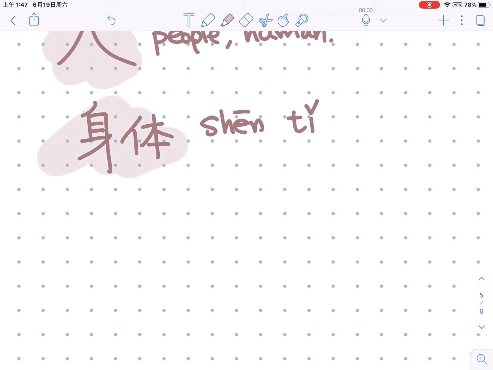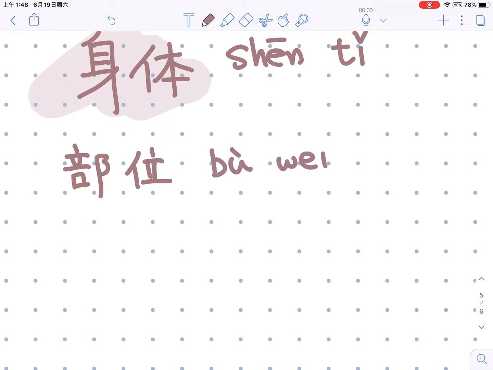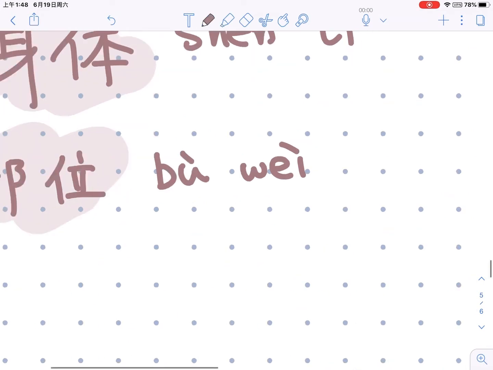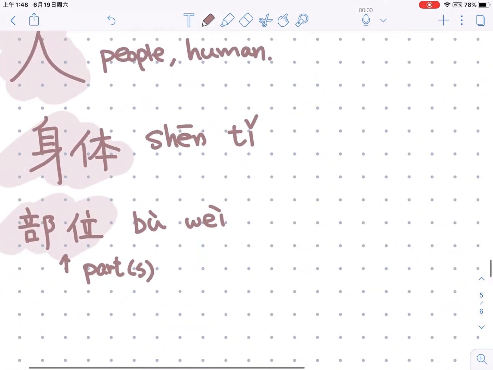This word simply means your body, and then 部位 means part or parts. And 身体 here, body.